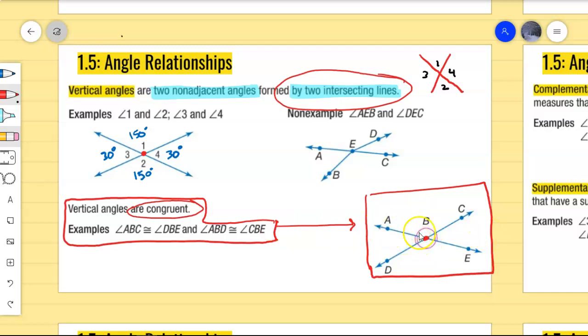Notice how ABC is congruent to DBE, and then ABD is congruent to CBE. One thing to highlight is the marks on those two angles because they're congruent, and then two separate marks on those other two angles because those are congruent to one another.